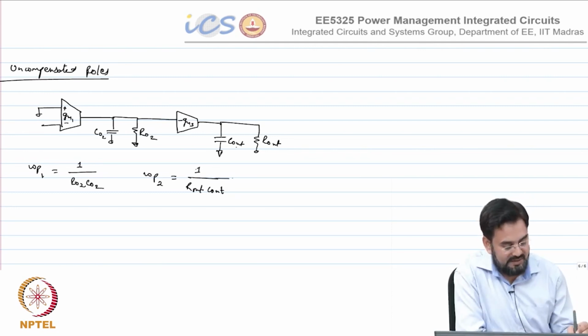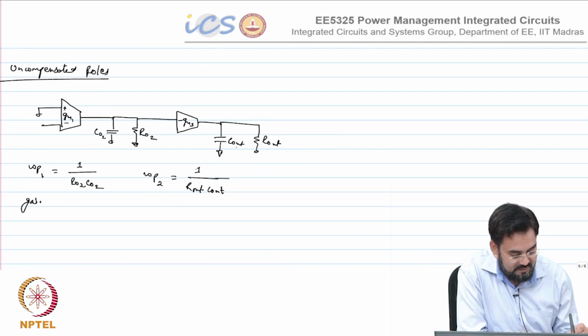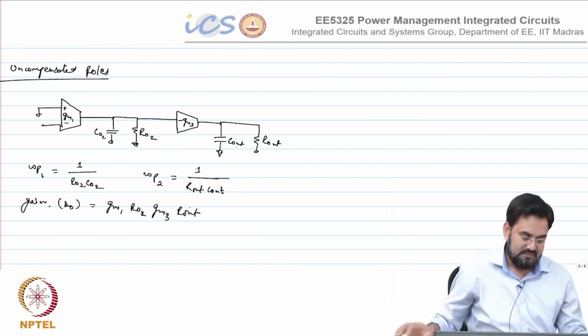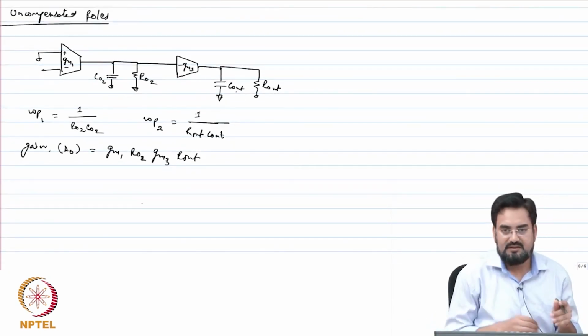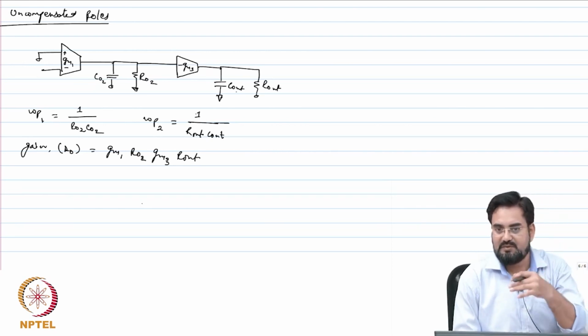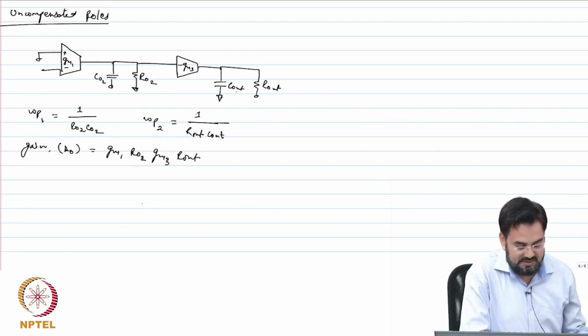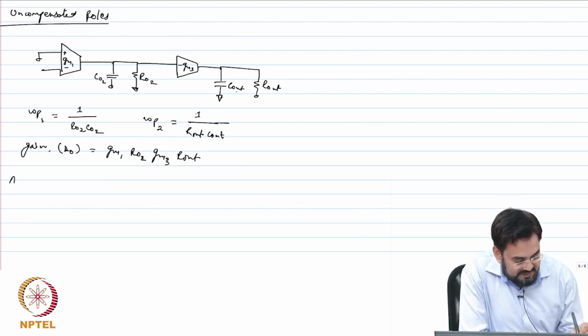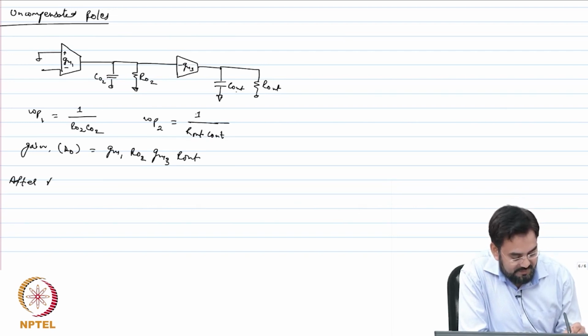And your DC gain is A naught, GM1 RO2 and GM3 R out. So from here you can write the complete transfer function in the form of A naught over 1 plus S over omega P1 into 1 plus S over omega P2. So this is uncompensated. Now after compensation, let us see what happens after Miller compensation.